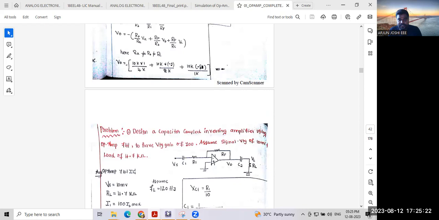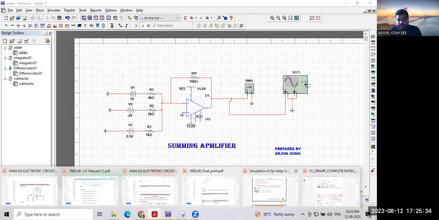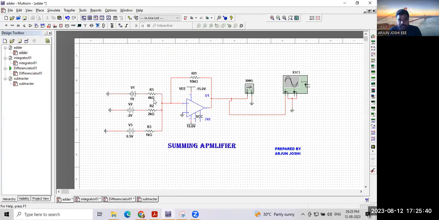Let's understand the same problem in Multisim. I'm going to consider the second example first. The inputs are V1 is 1, V2 is minus 2, and V3 is 0.5, with resistors 4K, 2K, 1K, and feedback resistance 10 kilo ohm. I connect the inputs to the inverting terminal.